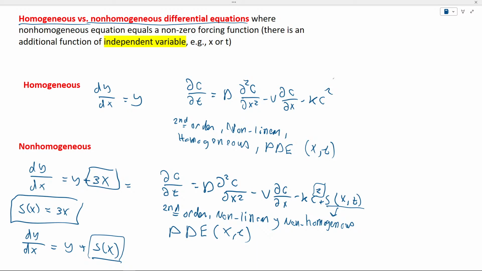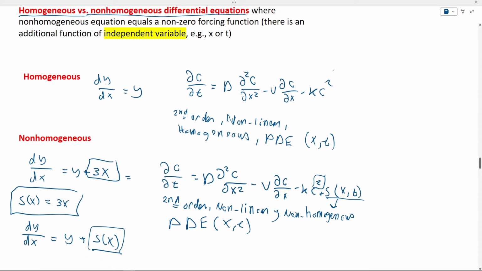And when they don't have an analytical solution, what does this mean? This means that we need to solve them numerically. We need to find a numerical solution, which we will be doing in the next module about modeling and simulation, where we'll be doing this numerical solution.